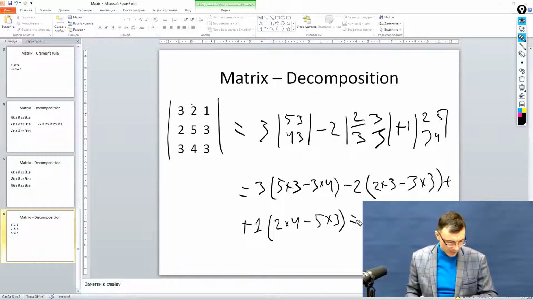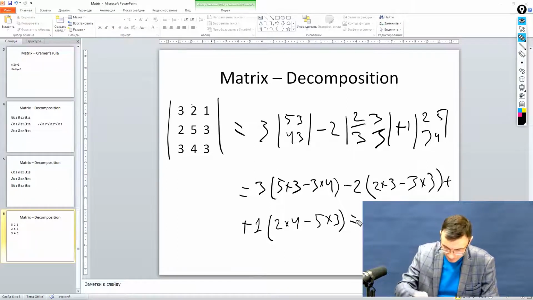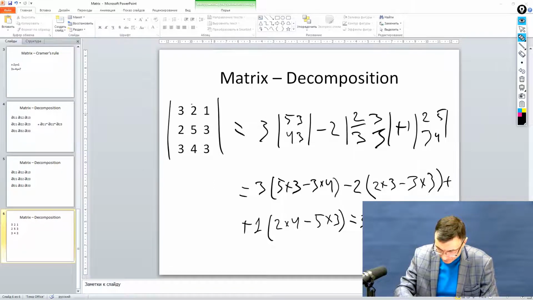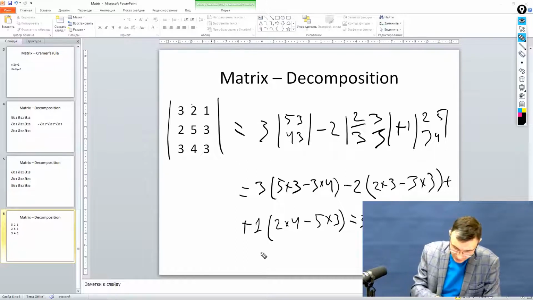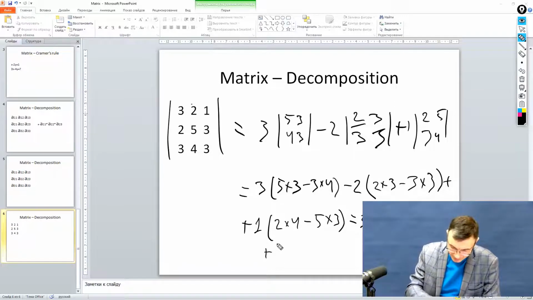So let's put it together, and we have 3, then we have 3 minus 3 and plus minus 7.